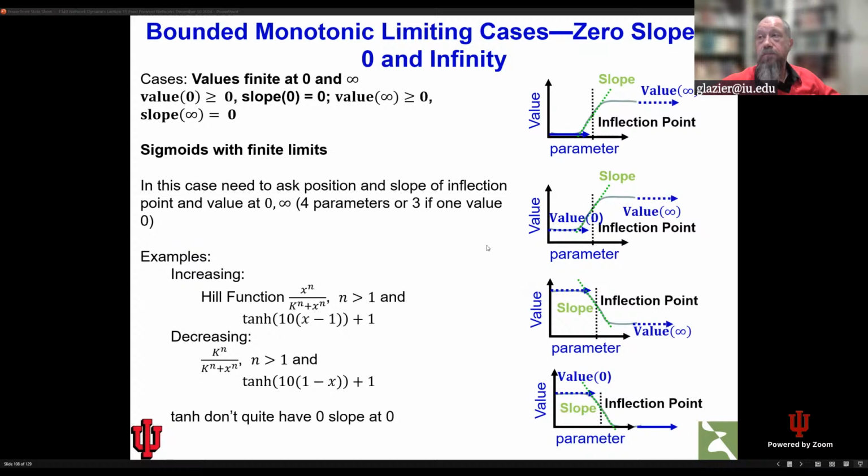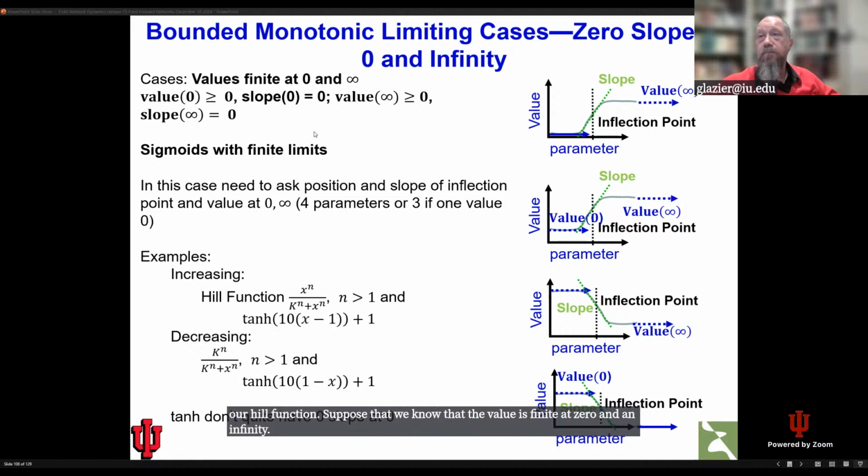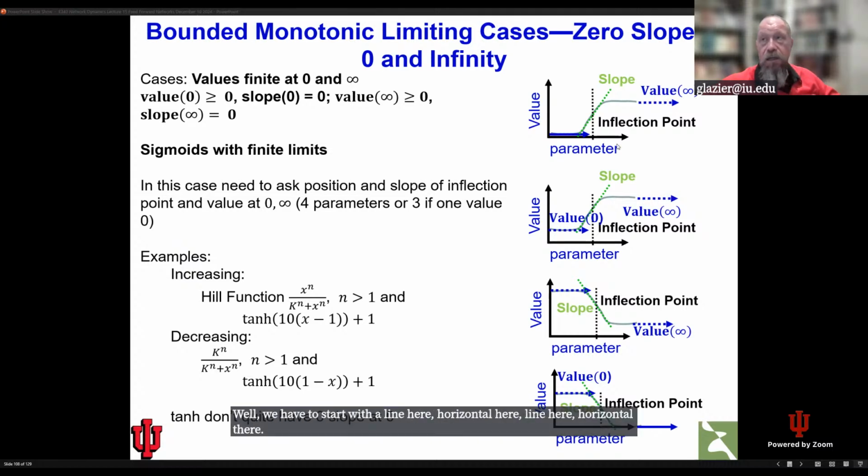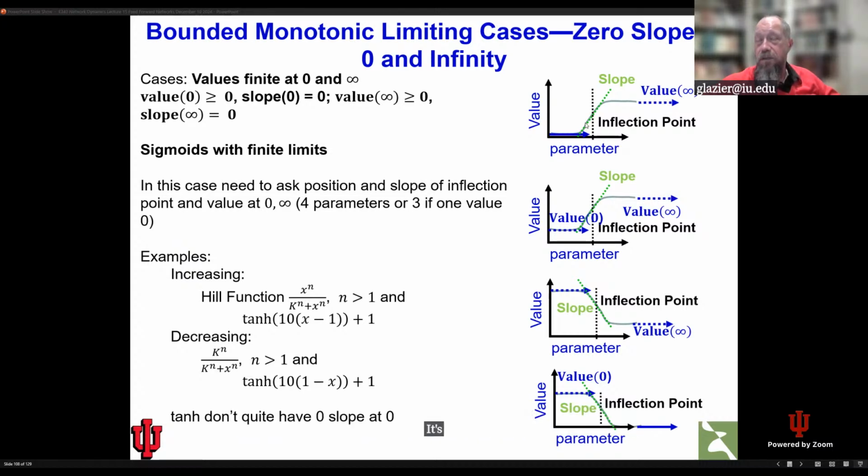And it's surprisingly common to write mathematical models which don't make sense in this way. As an example here, our Hill function, suppose that we know that the value is finite at zero and at infinity. It has a slope of zero at zero and a slope of zero at infinity. Well, we have to start with a line here, horizontal here, a line here, horizontal there. It's monotonic, and so we have to connect those two lines.